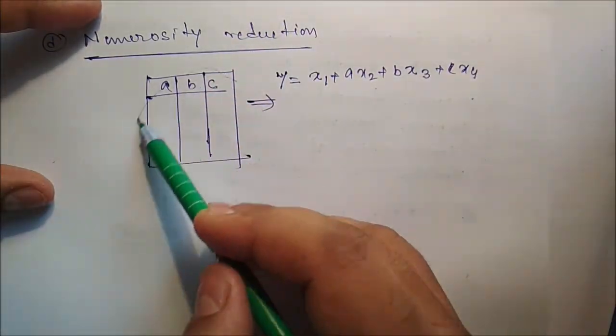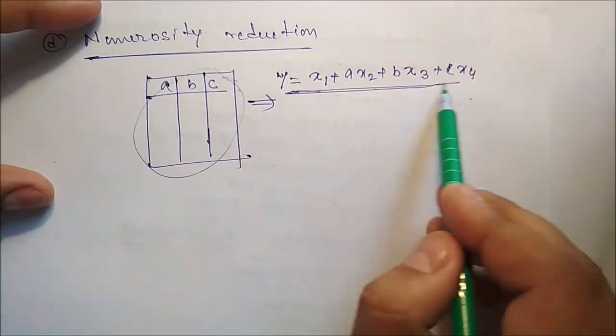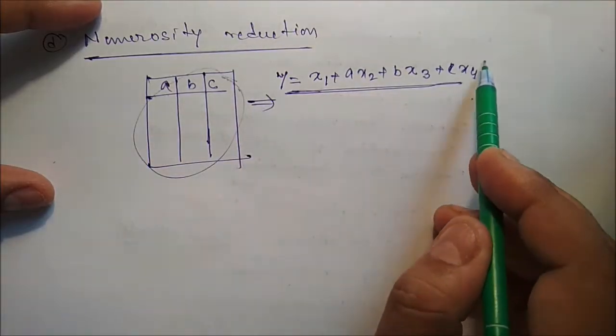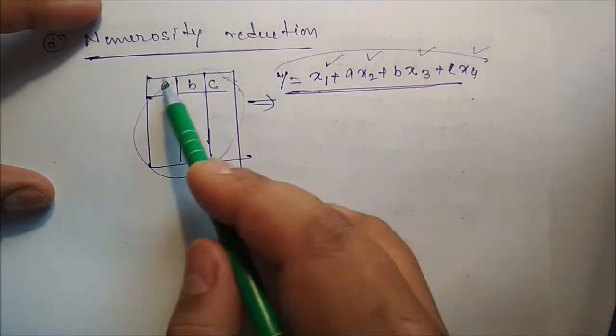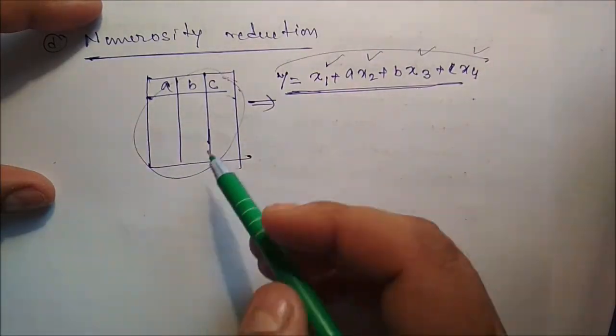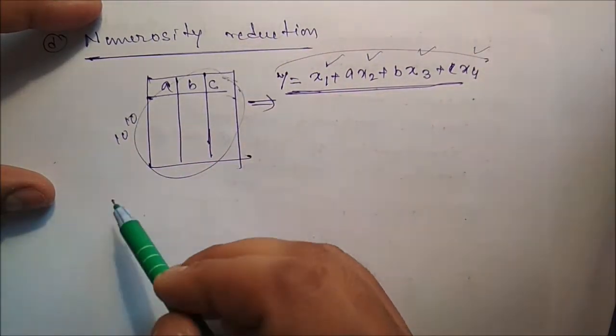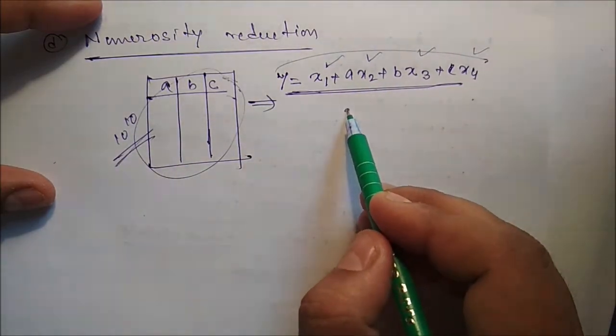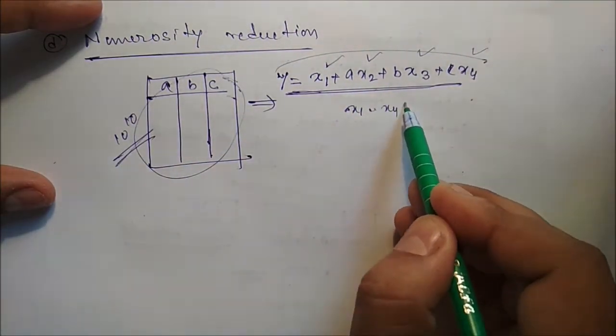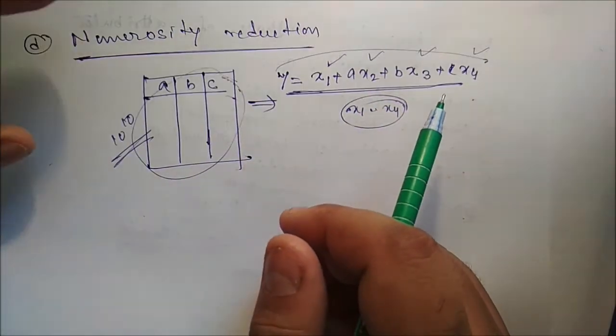So from the database we can form one equation. Now the question is, can you store this equation, the parameters x1, x2, x3, x4, instead of storing the data? Suppose a total of 10 to the power 10 data are there. Instead of storing 10 to the power 10 data, we just store a few pieces of information, say x1 to x4. Is it possible to store?